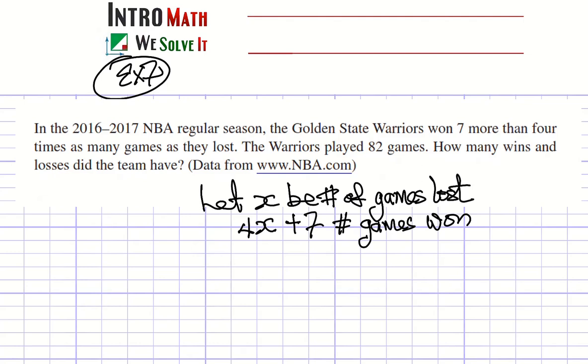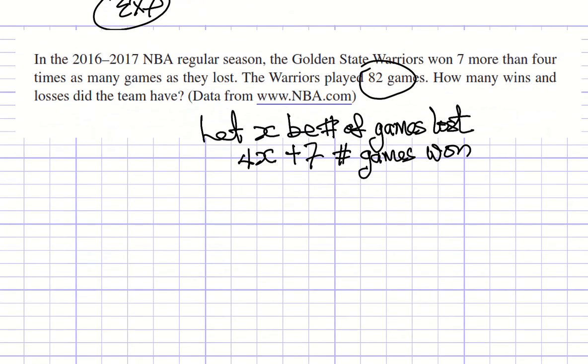Okay, so once you get all that set up, we'll hear that the Warriors played 82 games in total for that season. So that means x plus (4x plus 7) is equal to 82 games.